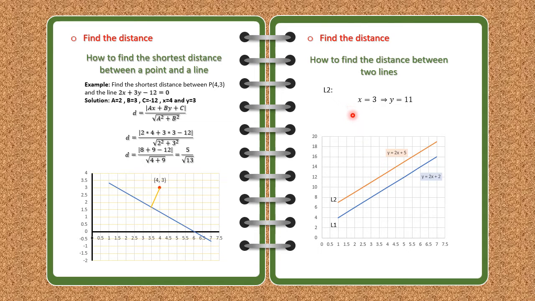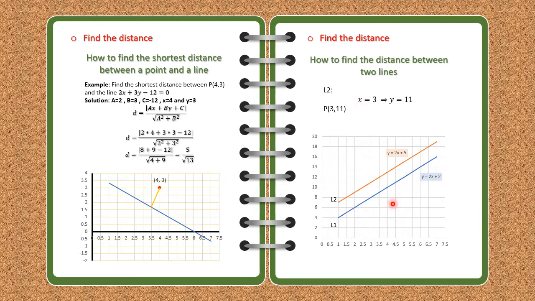In this case, from line 2, we have x equal to 3. Any x can be substituted, for example 3. It will be 2 times 3, 6, plus 5 is 11.